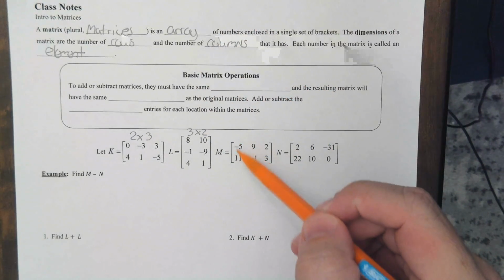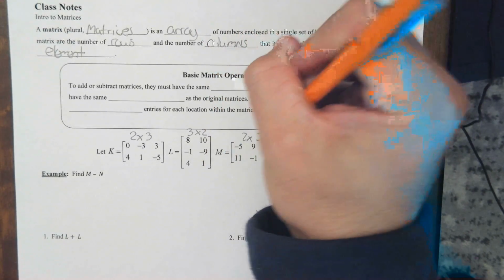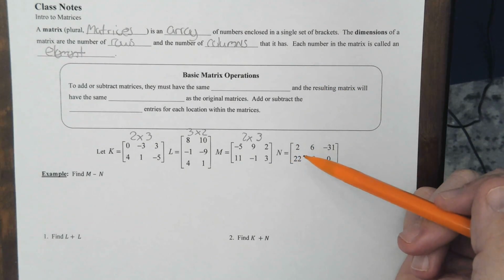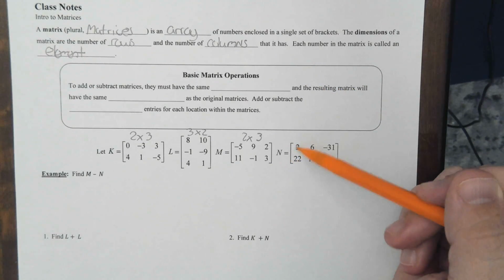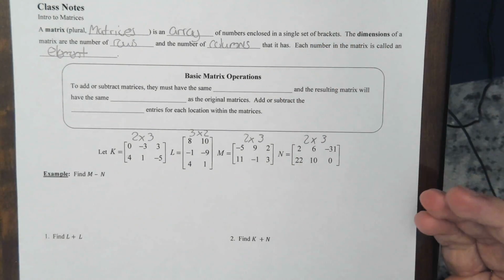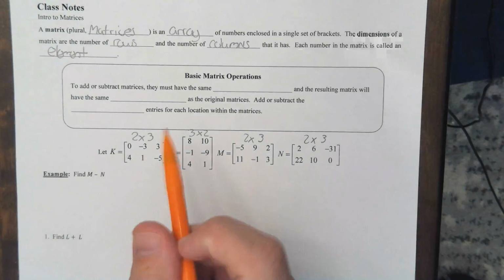This matrix here has 2 rows, 3 columns. This would be a 2 by 3. And then this matrix right here, again, 2 rows, 3 columns, so 2 by 3. Okay, and so that's how we would determine dimensions.